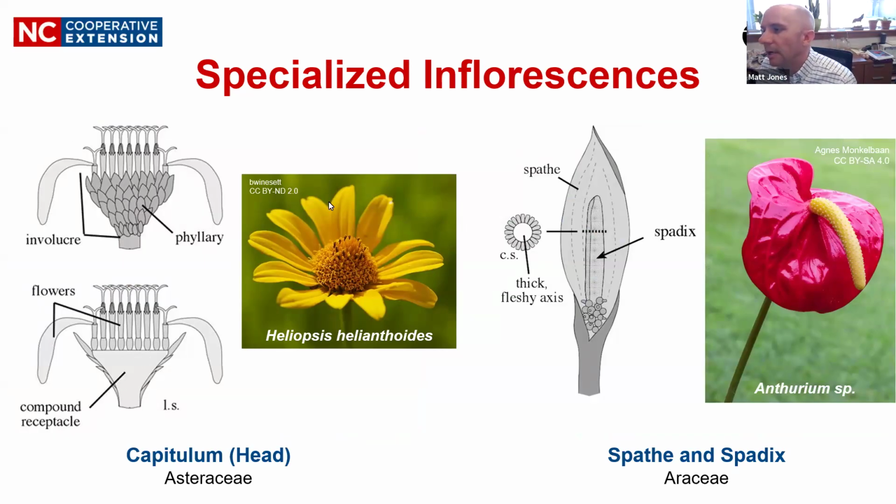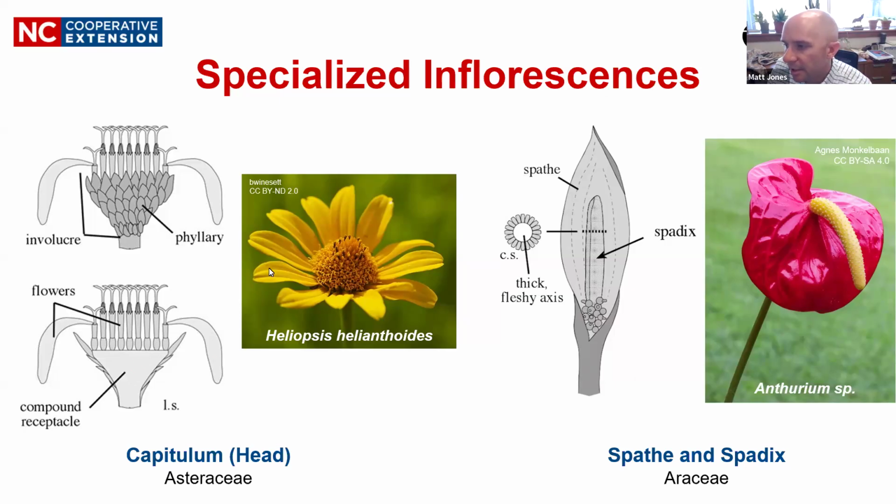This is an entire inflorescence or group of flowers that's been compressed into this single head. So if you were to slice this in half, you have this mushing together of multiple receptacles, and then lots of tubular flowers inside the inflorescence.